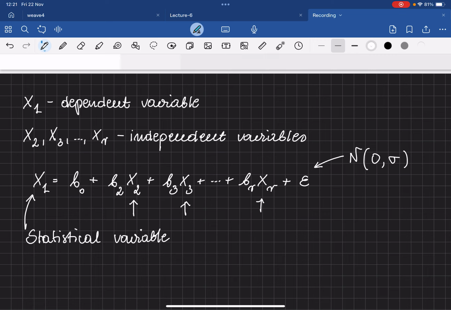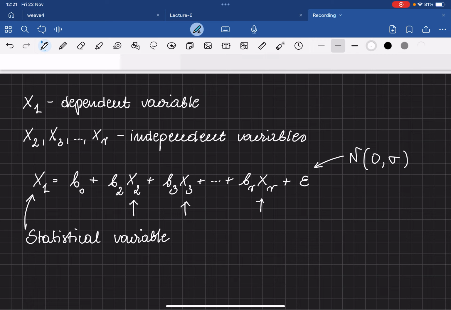So we think in the following terms. Our population is divided into subgroups by values of x2, x3 up to xr. And in each subgroup, x1 behaves a little bit differently.